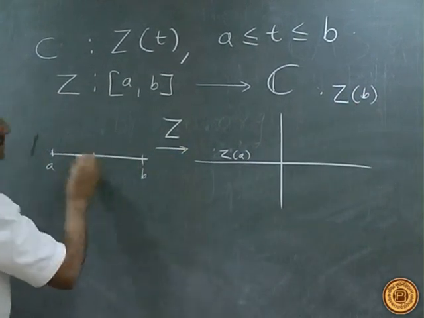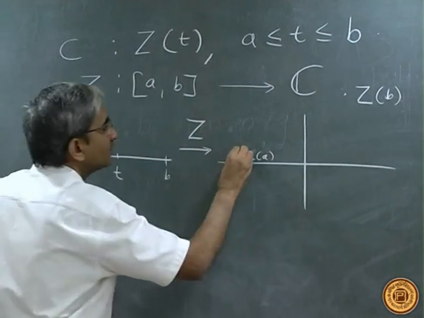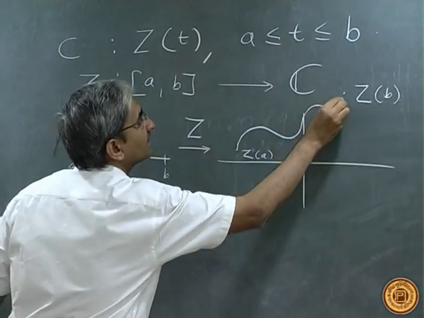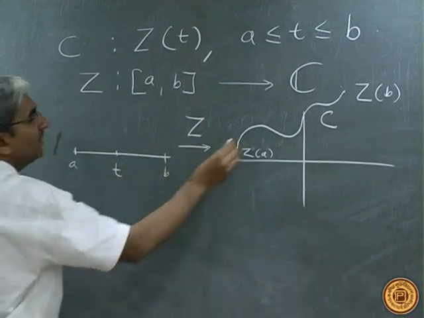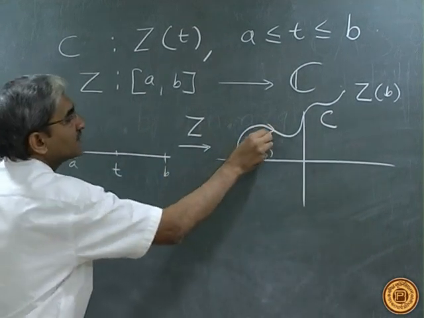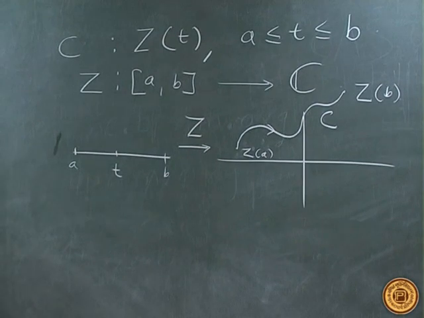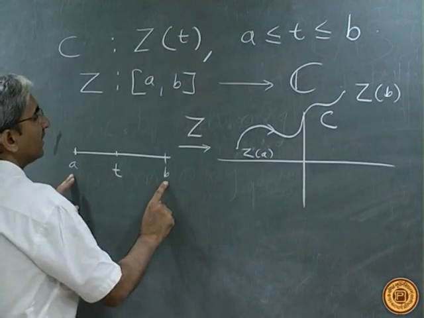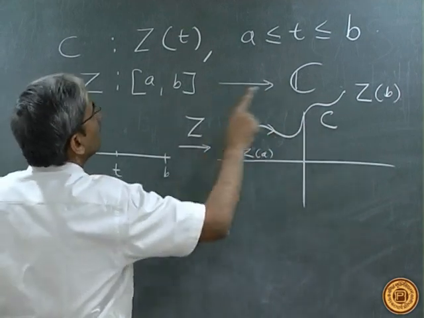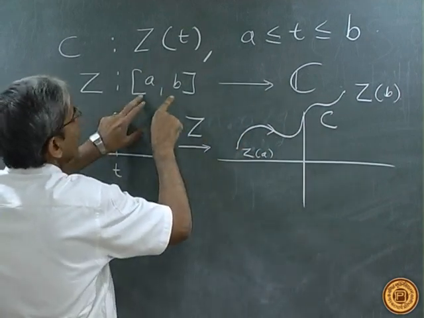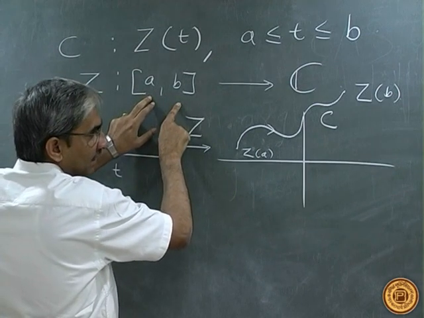As t varies, this function is continuous, so we get a continuous path something like this. This is our contour C, traversed from a to b, so we give it a direction like this. This is the function which gives this contour, and we always require this function to do the integration.